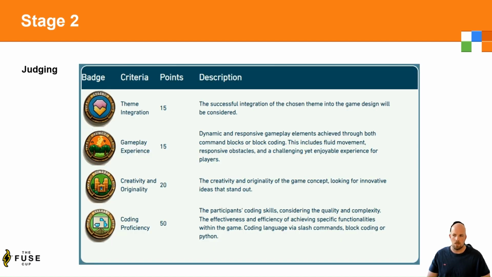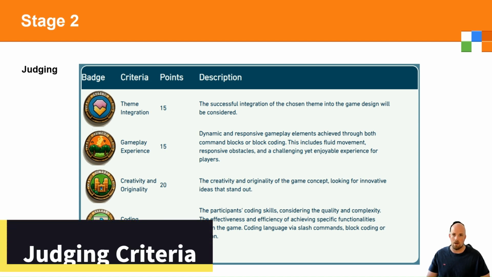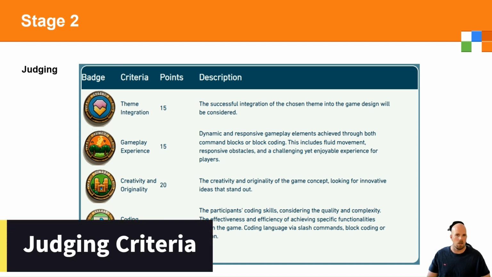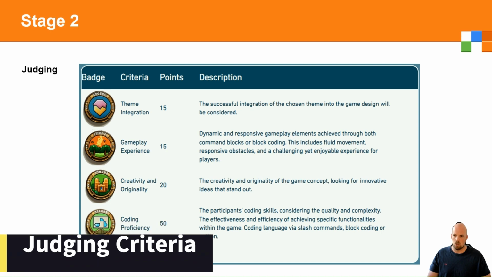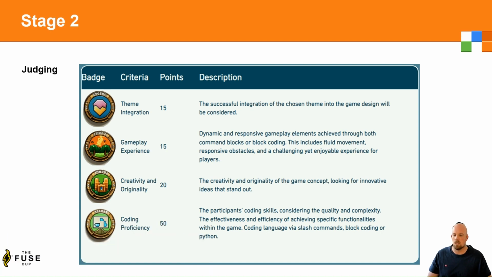In this stage 2, which is essentially our prepare and start to develop phase, is the judging criteria. The judging criteria is broken up into these four areas, and this is what we'll be looking for. Each criteria is weighted differently, with obviously coding proficiency being worth the most.